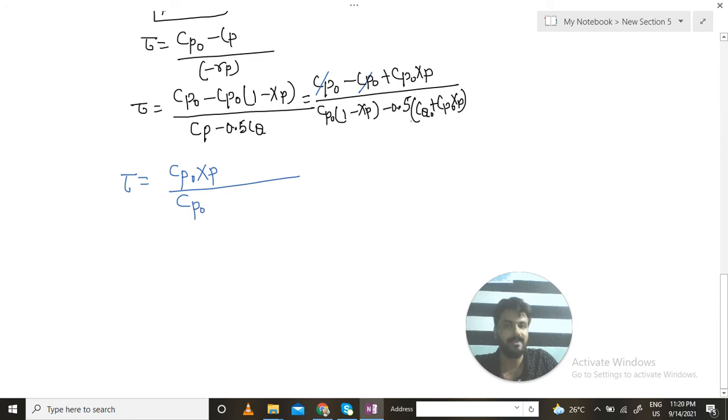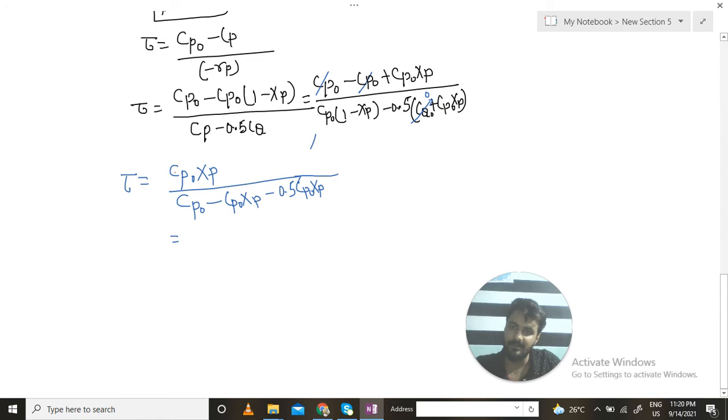And again one thing is that here Cq naught will also be 0. Why? Because in the question it has been given that only reactant is entering into the reactor. So Cq naught, the initial concentration of product, will be 0. So it will be equal to Cp naught minus Cp naught Xp minus 0.5 Cp naught Xp. Okay, I think it's clear to all of you up to here.